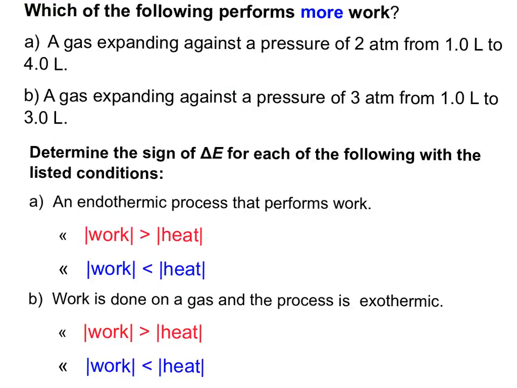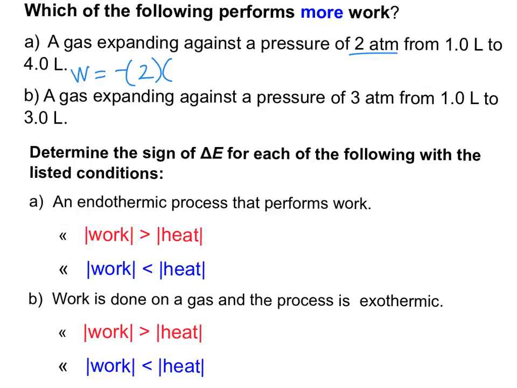So let's go ahead and use that negative P delta V equation to solve for the work in these two problems. The question is, which of the following performs more work? So we're going to use work is equal to negative P delta V. So my negative P is negative 2 atmospheres.